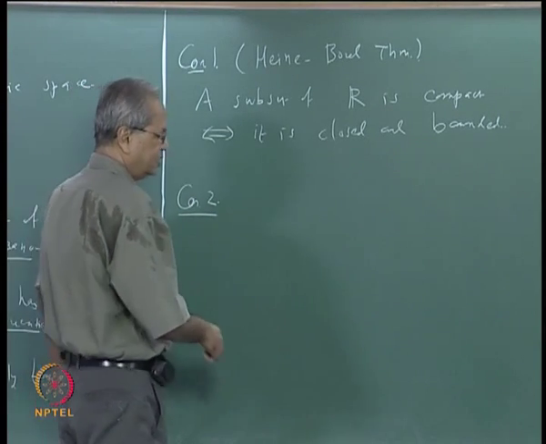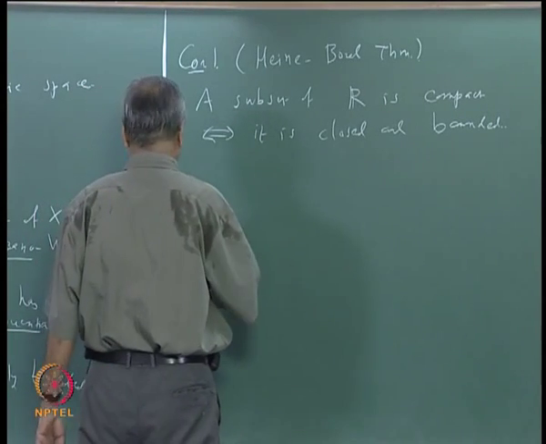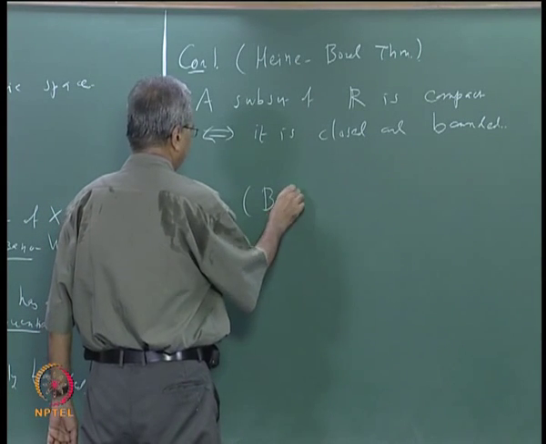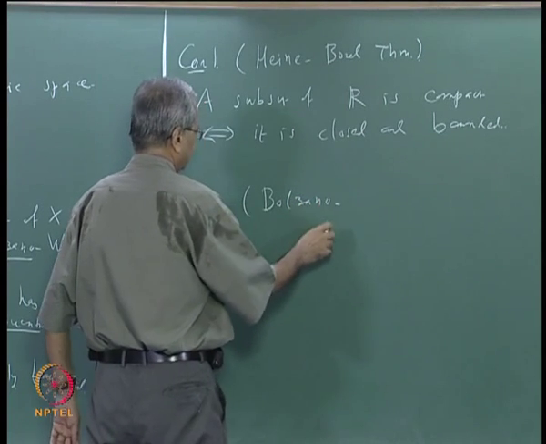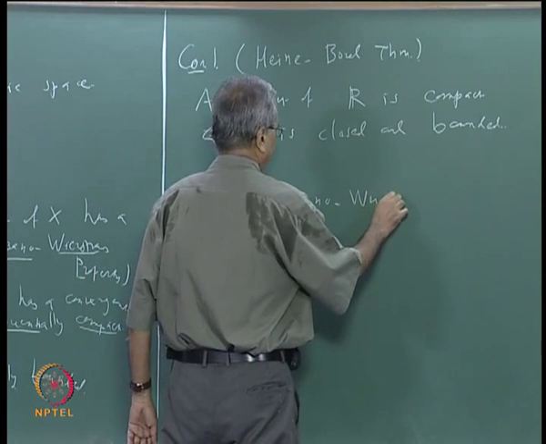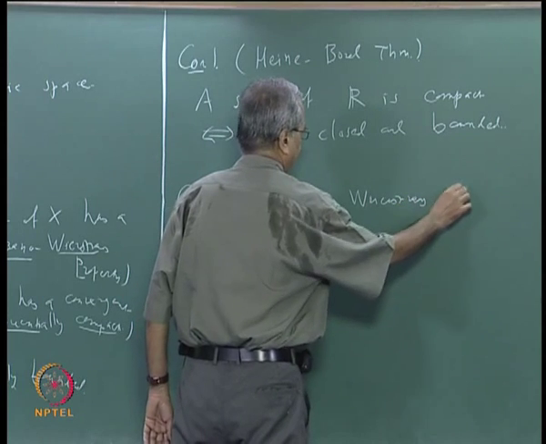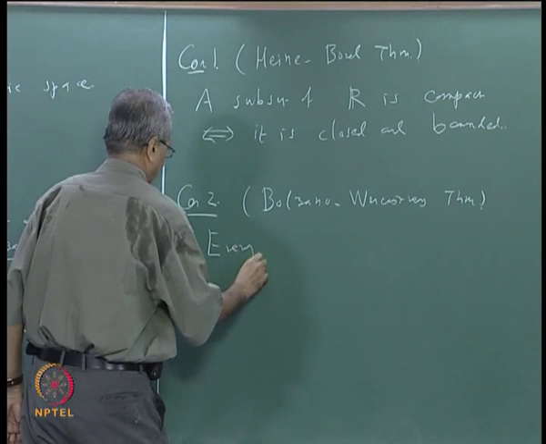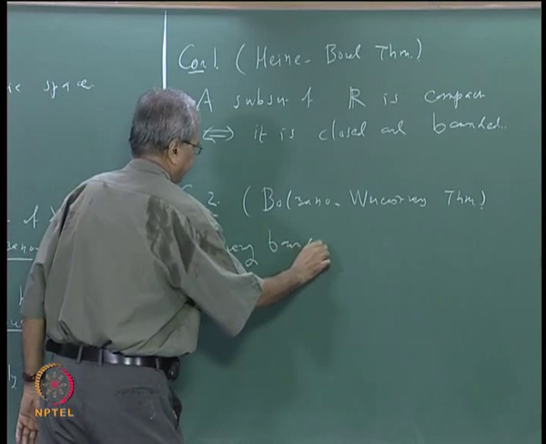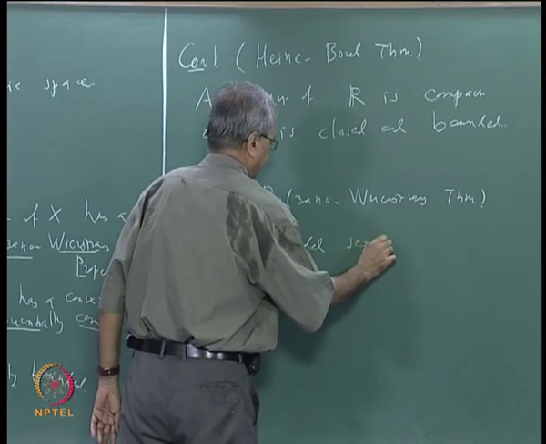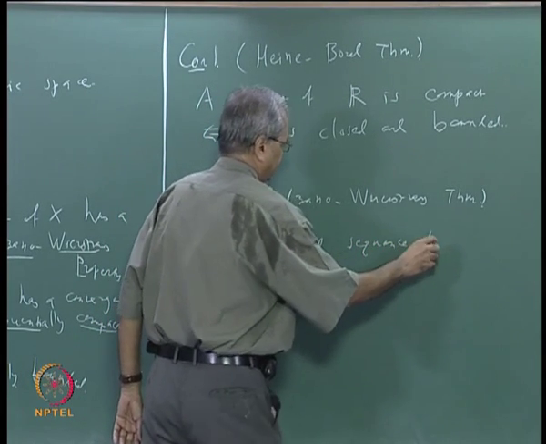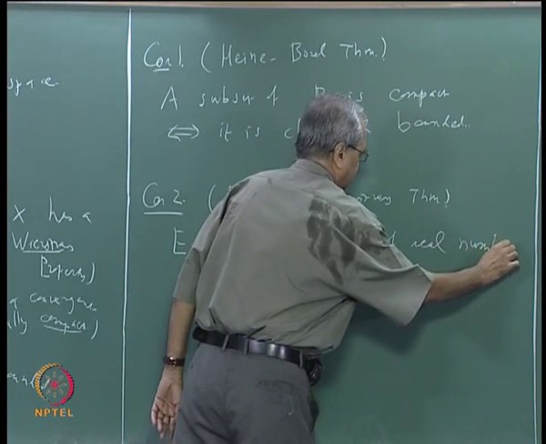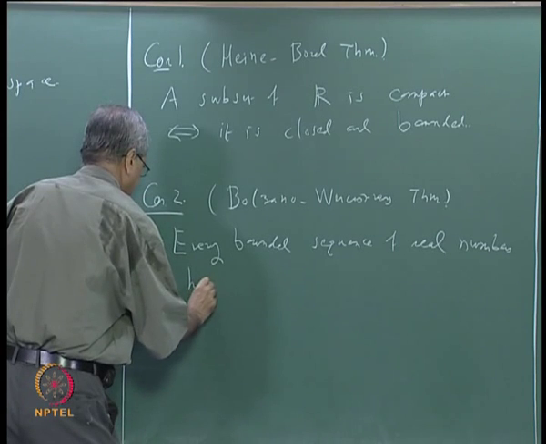That was called the Bolzano-Weierstrass theorem at that time, namely that every bounded sequence of real numbers has a convergent subsequence.